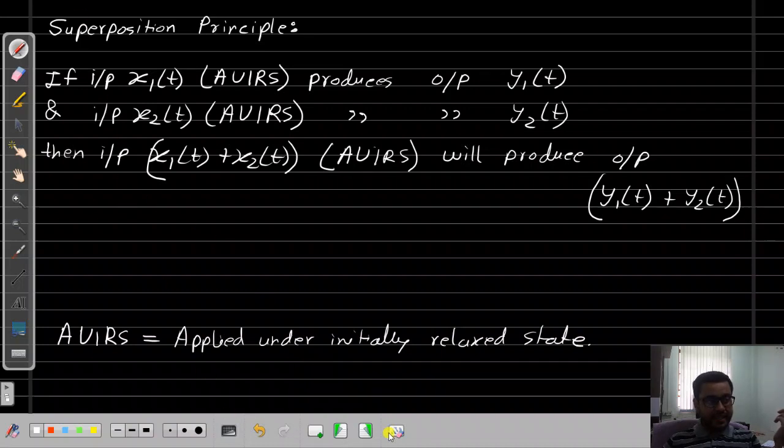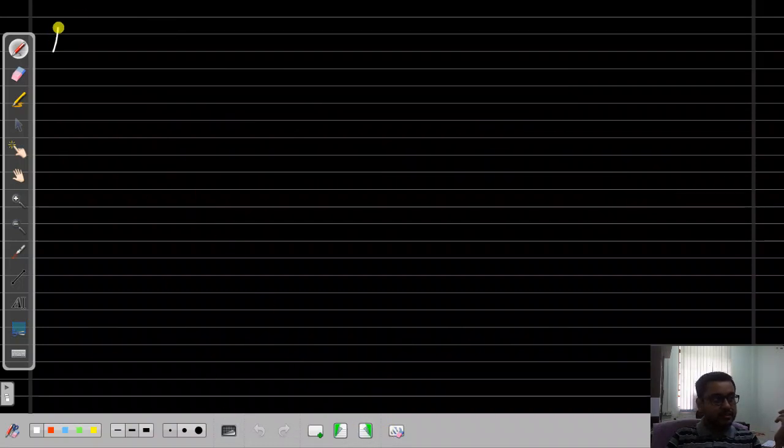Let us take an example. Consider the same object on ground and you can apply force, call it x(t), and let acceleration be the output.